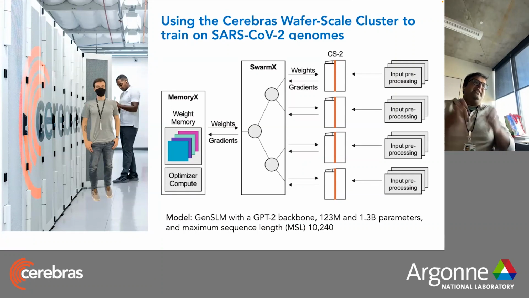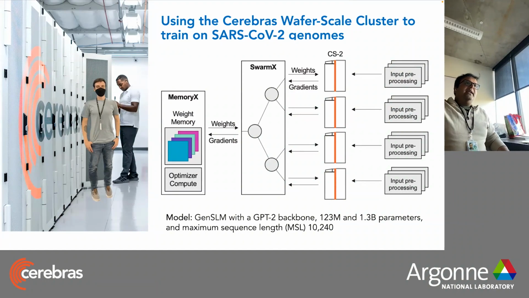We took the GPT-2 backbone, 123 million to 1.3 billion parameters, and used the entire sequence length of the SARS-CoV-2 genomes as our input. It uses the MemoryX and SwarmX architecture, which lets us distribute the weights and gradients intelligently, so that you can do the input pre-processing and then run it on the entire cluster of connected CS-2s.